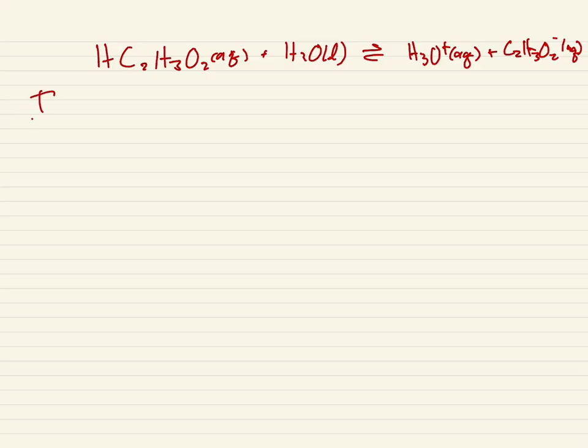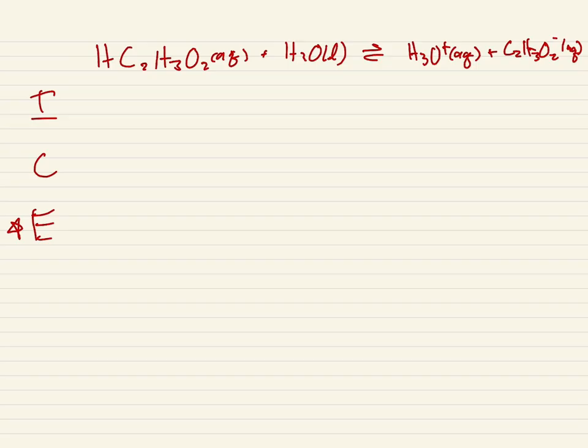You set up your ICE table, right? So we have ICE. I stands for our initial concentrations, C is our change, and E is our equilibrium, right? So this is what we want to solve for again.